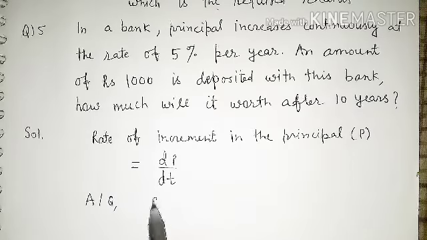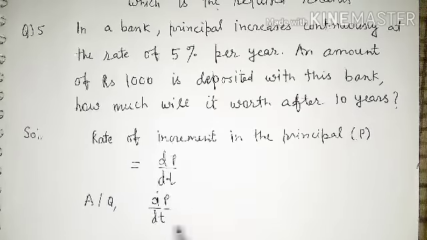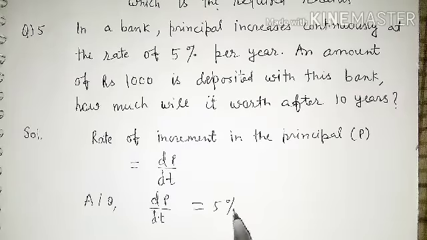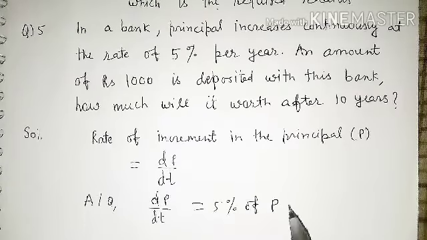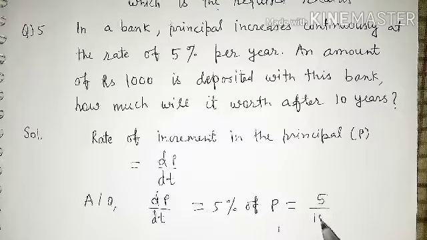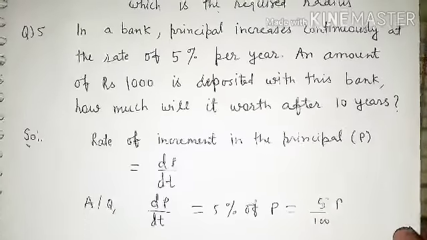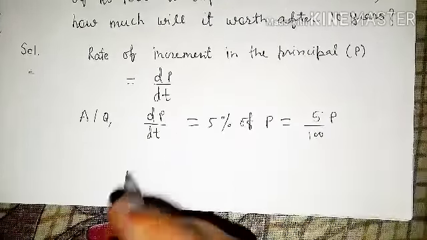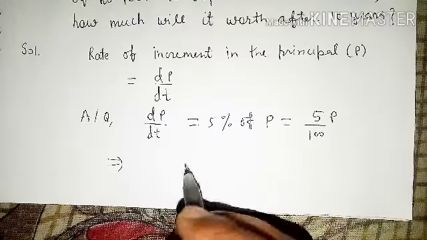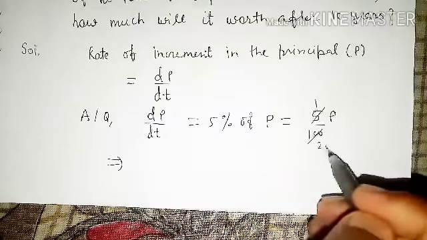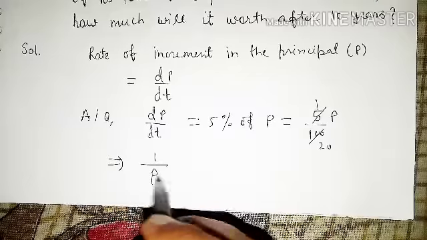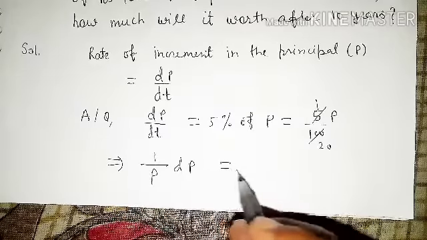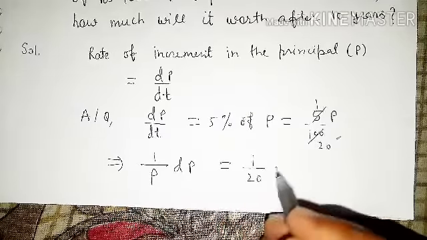According to the question, this dp by dt is 5% of P, means 5 by 100, 5P by 100. This implies that 1 by P dp is equal to 1 by 20 dt.